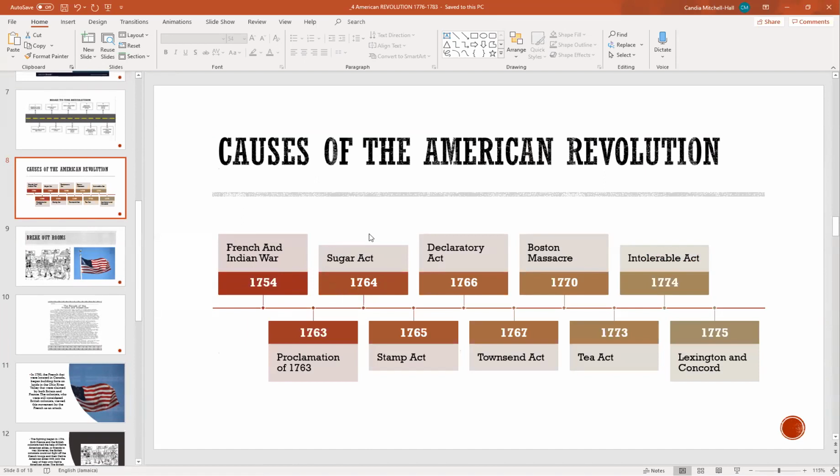So they are going to implement different acts. An act is a law that will force the colonists to pay for the war. And the colonists are going to say, listen, we are not in agreement with all of these different acts. All right? So, sir, go ahead.